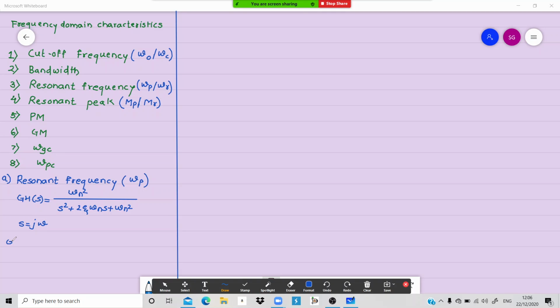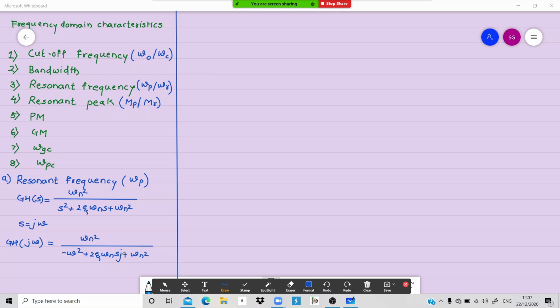So I'll write G H of j omega is equal to omega n square upon, S square, j omega square, j square is minus 1, so I'll write minus omega square plus 2 zeta omega n, S so j omega, plus omega n square.